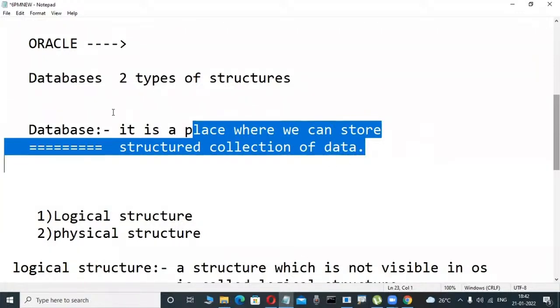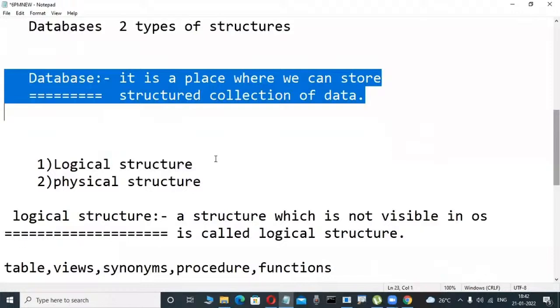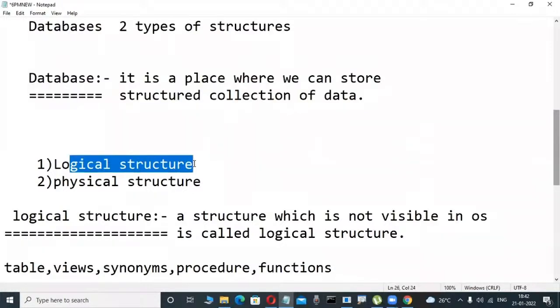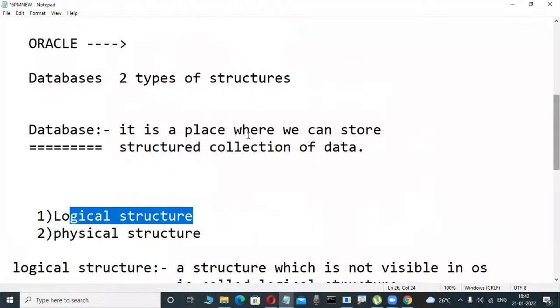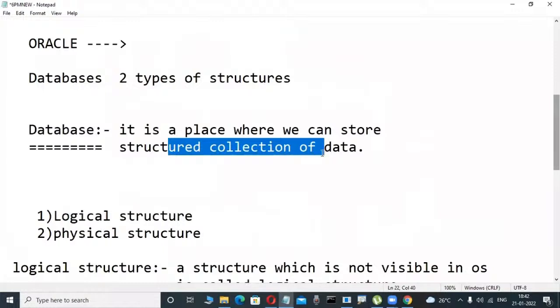Why? Because that is the developer definition. Developers think logically; a table is a structured collection of data, and they understand it that way. That's why you also say a structured collection of data. From their point of view it's fine, not a problem.